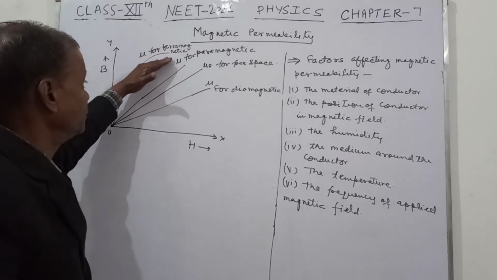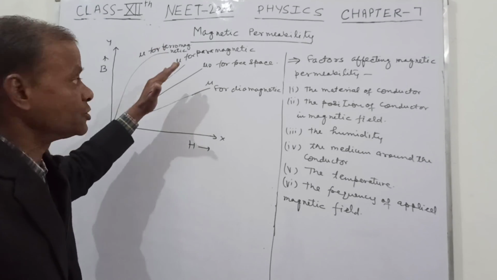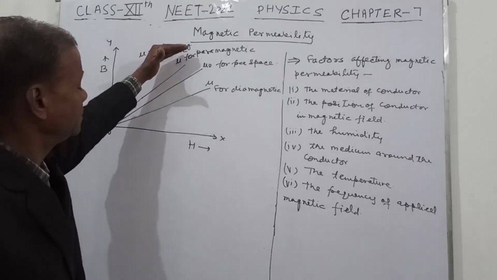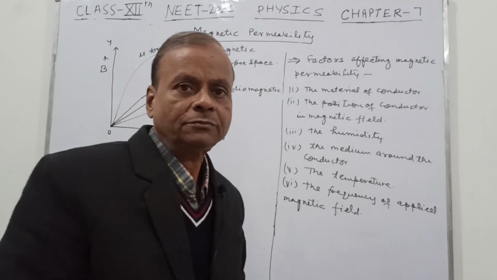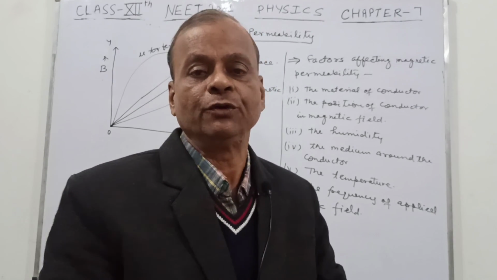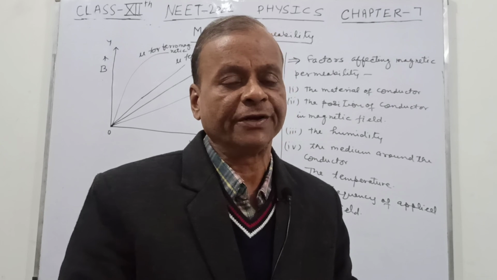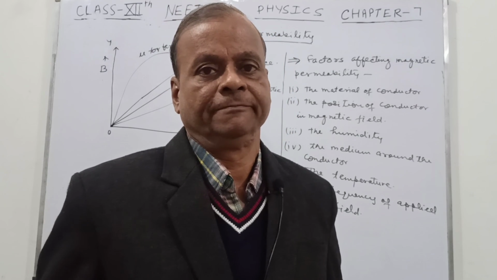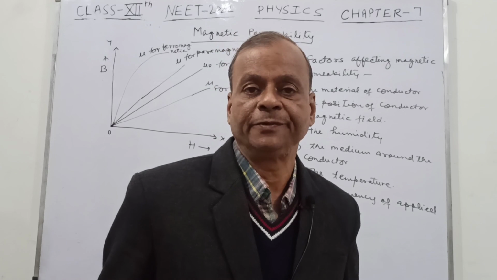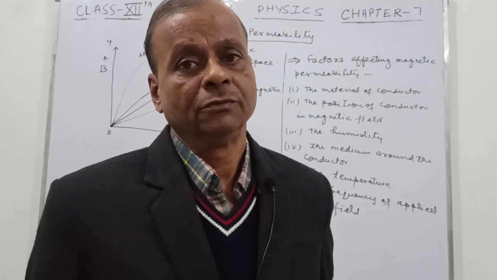Just above that is ferromagnetic. In case of ferromagnetic, we get a curve like this. It goes and then it takes a turn. So this shows the value of mu for different materials. I think this will give you a good idea about magnetic permeability. So thank you very much.